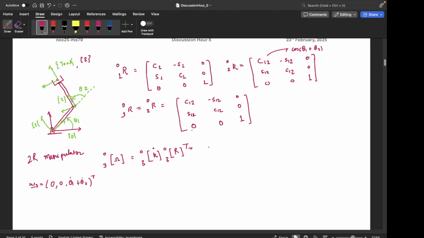So let's first write r dot. We are taking the time derivative of the terms of the rotation matrix.